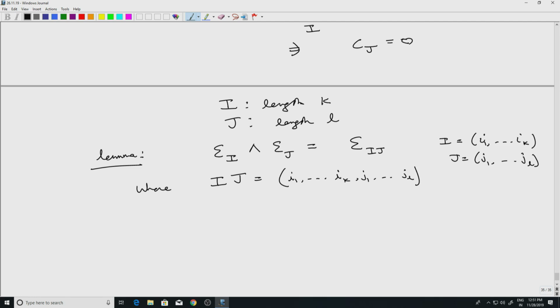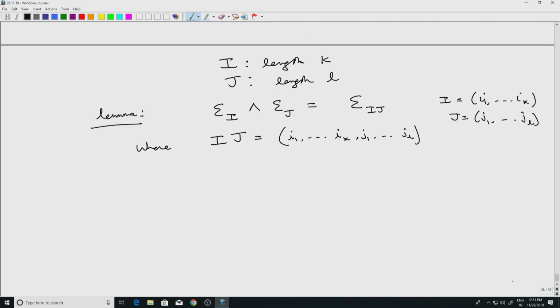Now here I have to mention that even if I had been written in an increasing order and likewise J, obviously that property might be destroyed when I do the concatenation. So that's one thing to observe. The other thing is, why do we even need a proof?